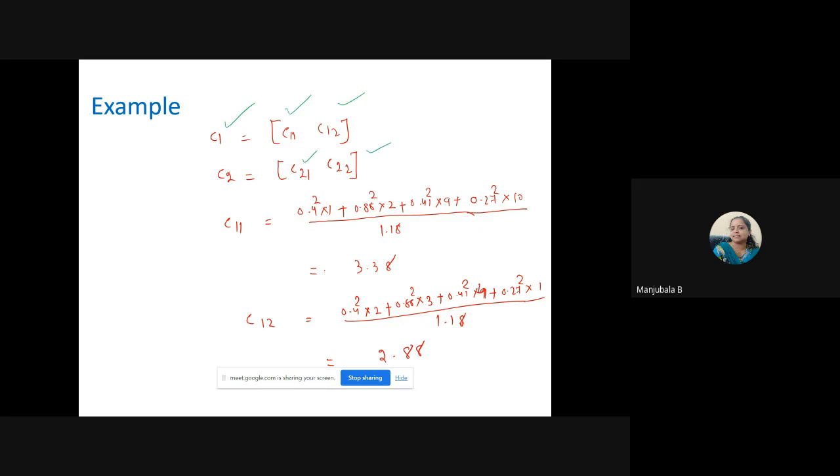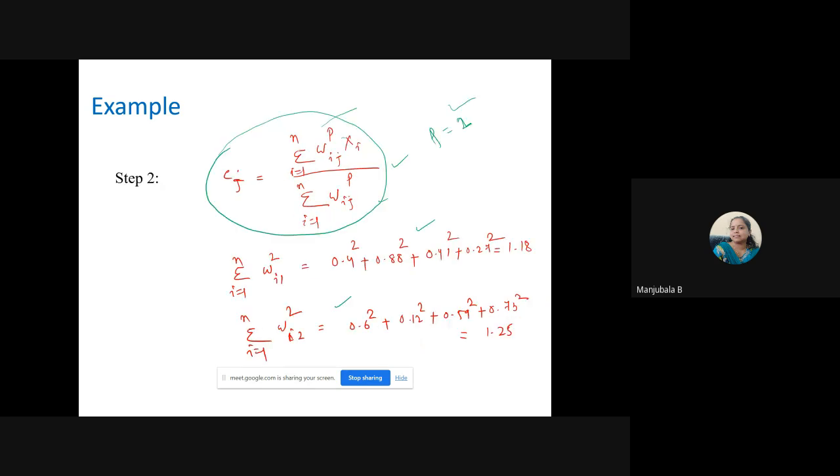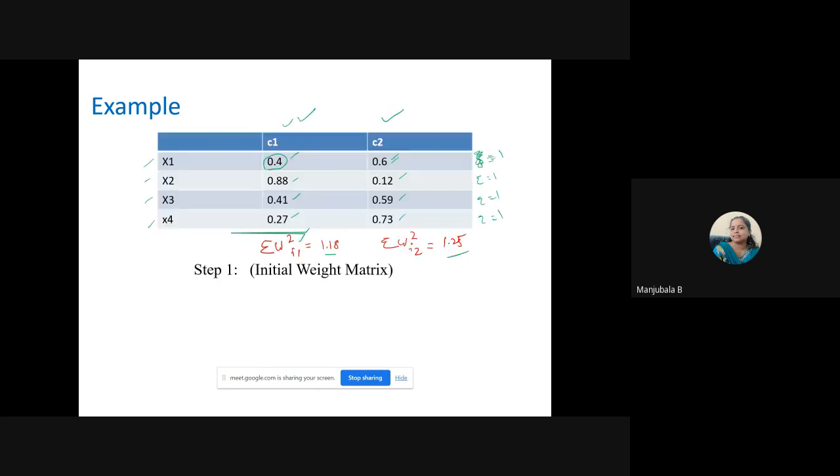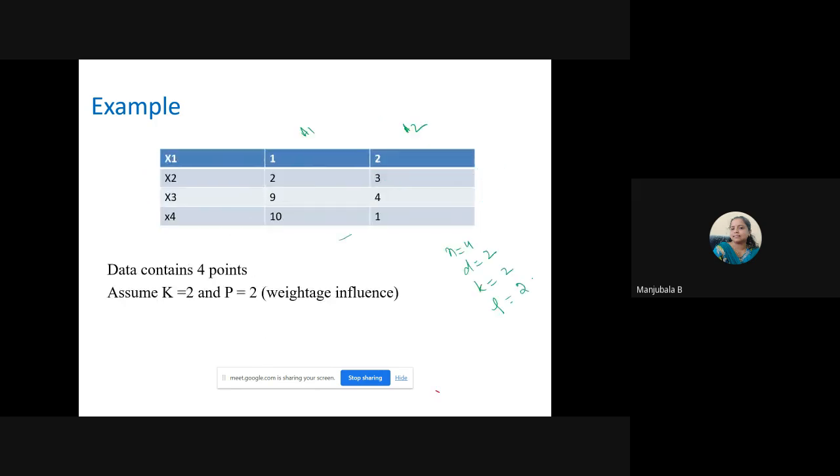So how to calculate C11 for the cluster C1? Going to this formula, the summation of wij into xi. What is xi? xi is the data point. The data points we have considered are 1, 2, 4, 1 to 9, 10 for the first cluster, first data point. The second attribute is 2, 3, 4, 1.